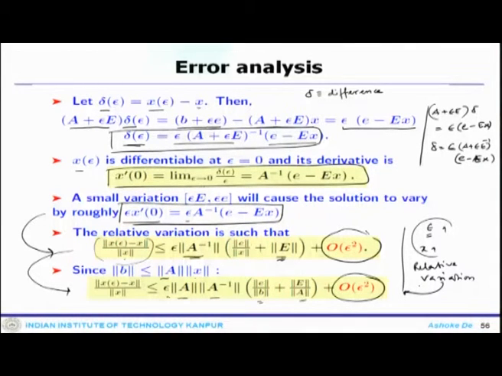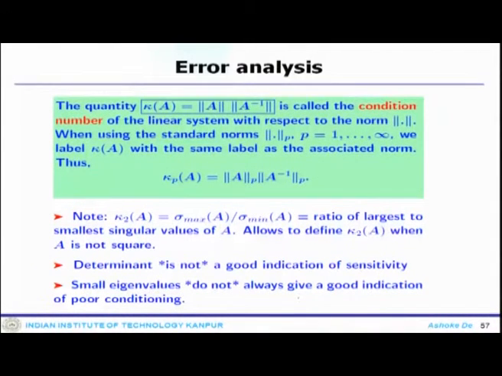These are going to be important when you use iterative methods to find the error, because the error needs to be decreasing as you go ahead with the iterative process.